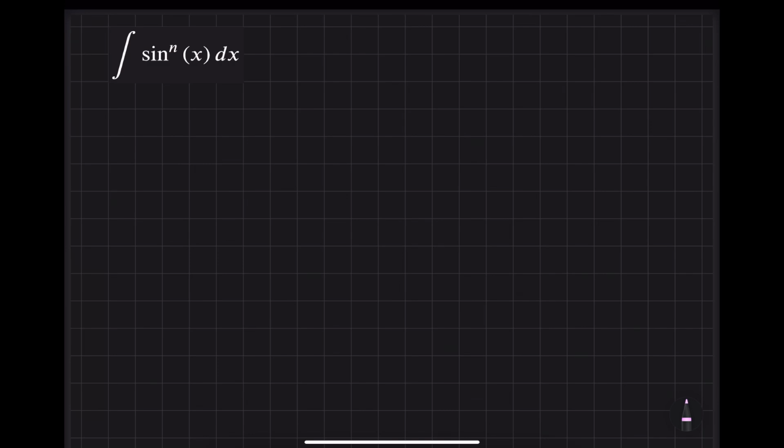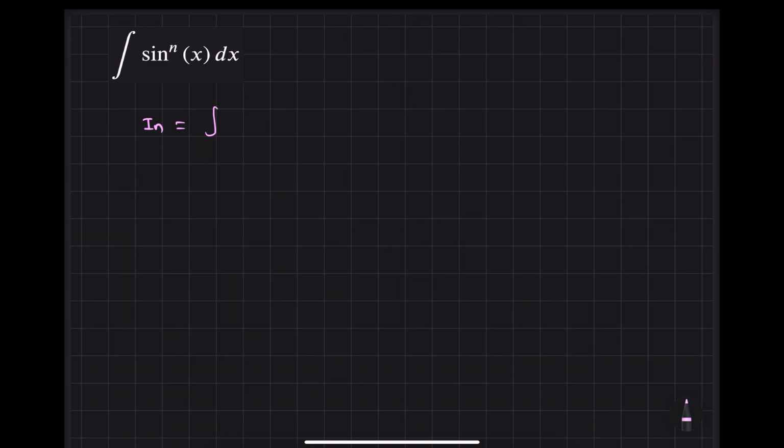Now, first we will try to handle sine power nx. You know that we are comfortable with sin x, but we don't know the formula for integration of sine power nx. So what I will suggest is to just write the whole thing as I n, meaning the formula is in terms of n.